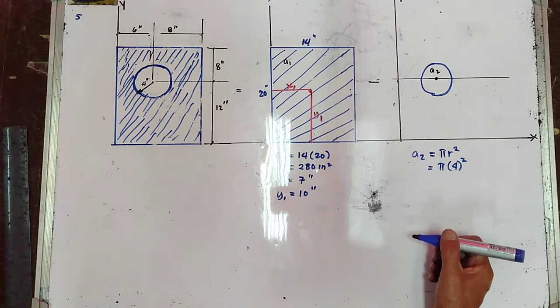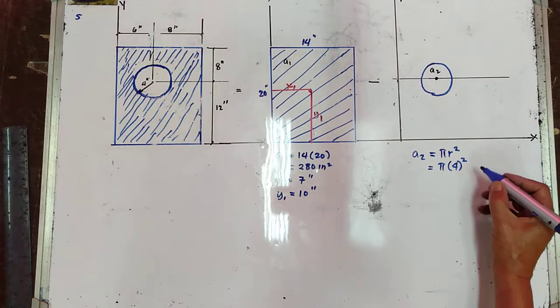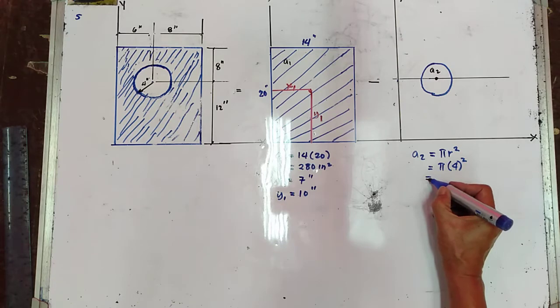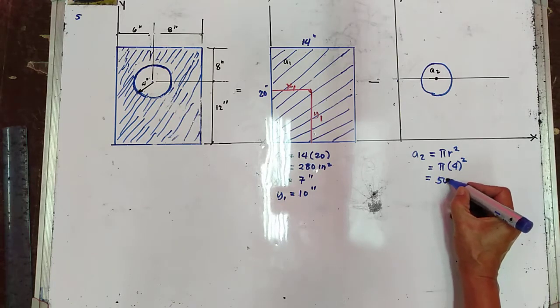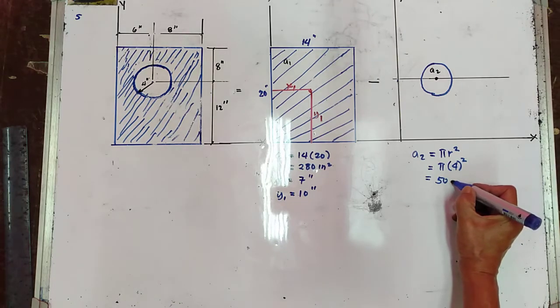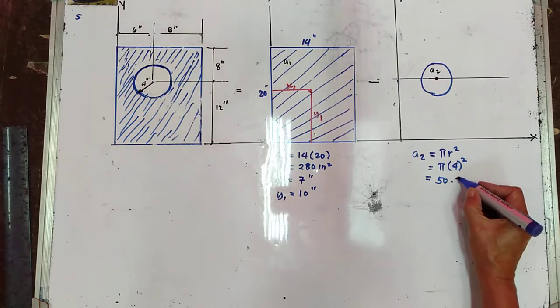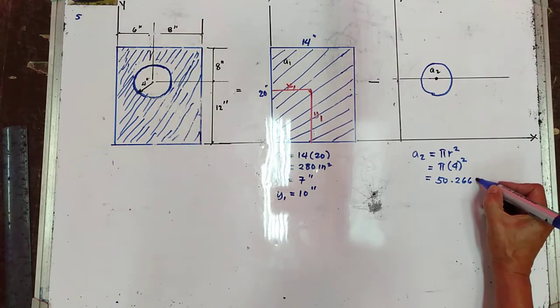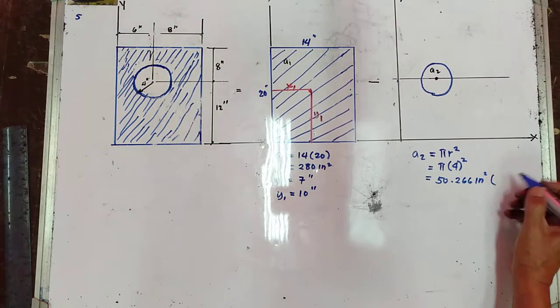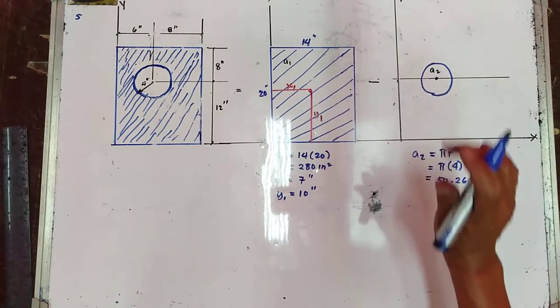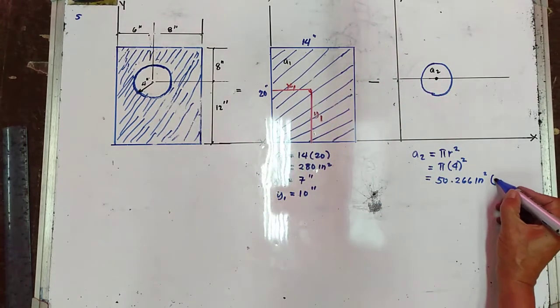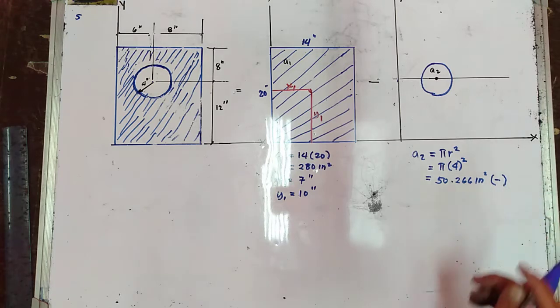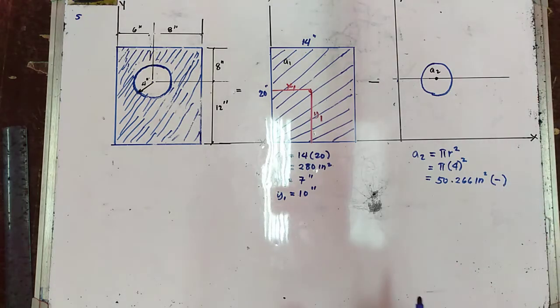And this is equal to 50.266 square inches. You try to take note that we removed the area, and therefore this is negative. So area removed is negative.